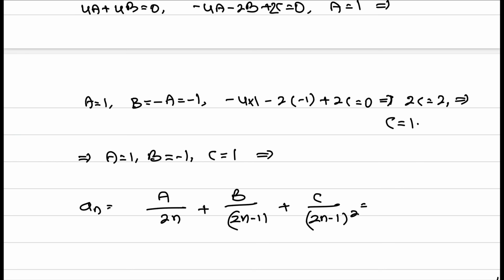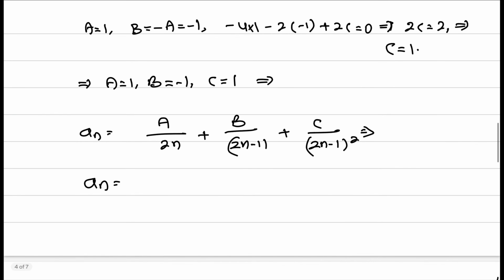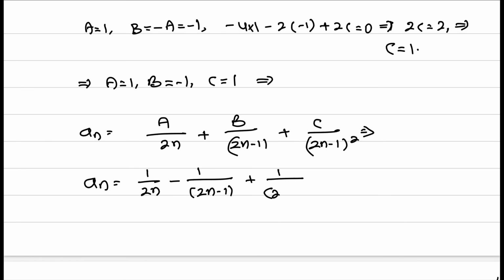That implies the nth term in the series is 1 by 2n, minus 1 by 2n minus 1, plus 1 by 2n minus 1 whole square.